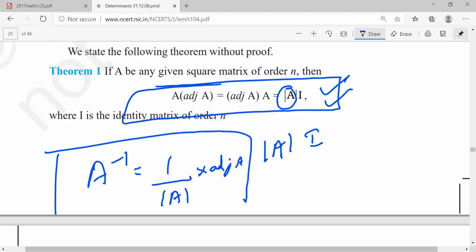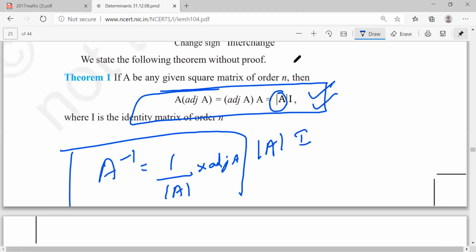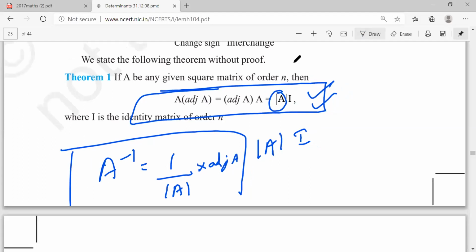A inverse is equal to 1 by determinant of A into adjoint of A. Please copy down both the things.